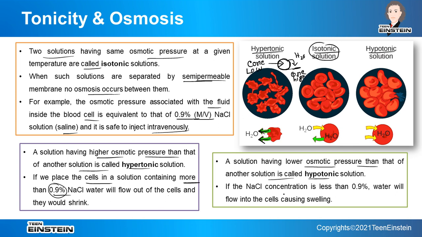If we keep these cells in a solution of less than 0.9%, water molecules from outside will go inside. So these cells will swell, the size will become bigger, and if the process goes on, a time will be reached when the cell will burst. You can see here the cell has burst.